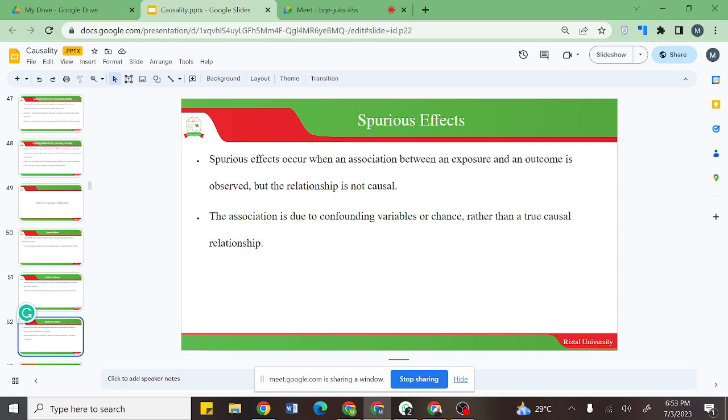This is now where you need to know what is called association and causation. Association is not causation. This is what you really need to know. So you can have other factors that are associated with the health outcome, but they are not actually causing the health outcome.